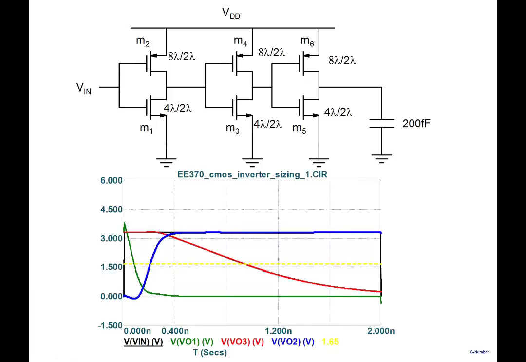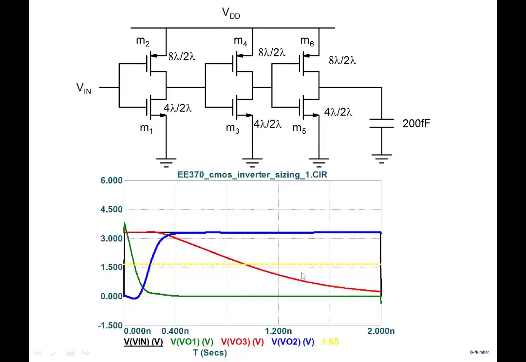We are driving it with an abrupt input from 0 to 1. The green one shows the output of the first inverter. So 0 to 1, so the output is falling from 1 to 0. The blue one is the output of the second one, and the red one is the output of the third inverter, which is falling over here.